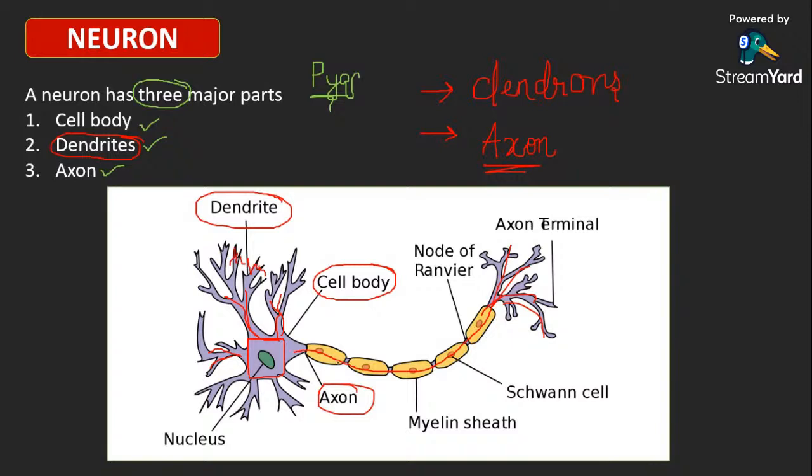So three major parts: cell body, dendrites, and axon. The cell body is also known as cyton or perikaryon. Don't get confused by the term. Cyton or perikaryon can also be the terms used for the cell body of a neuron.